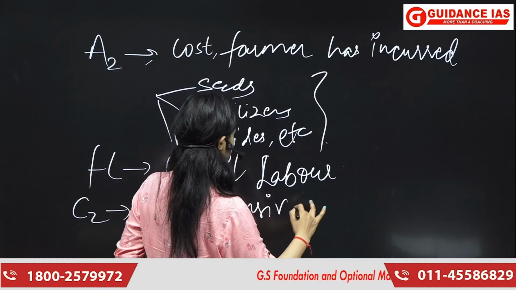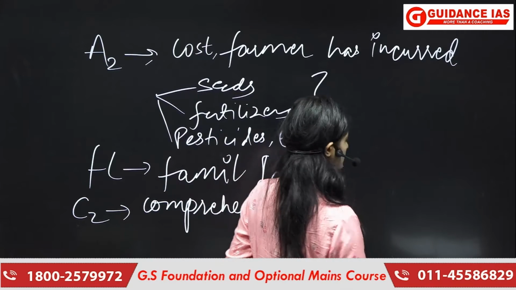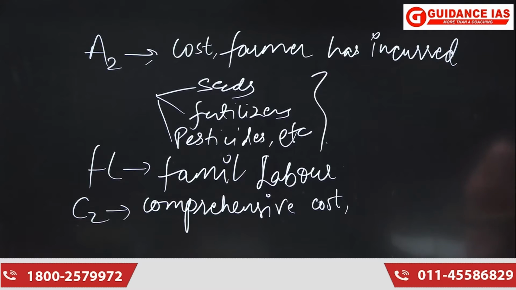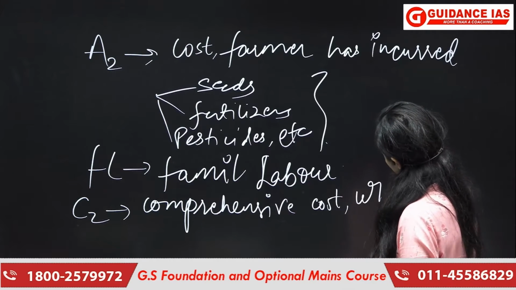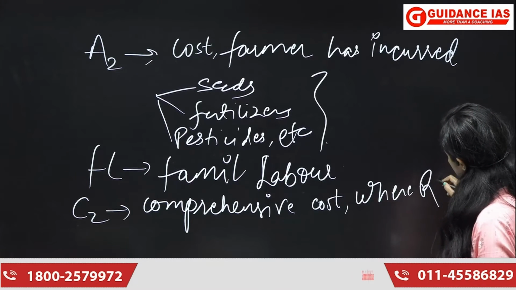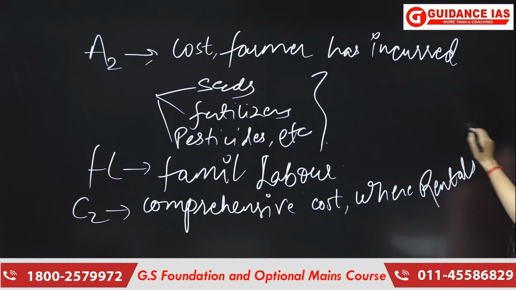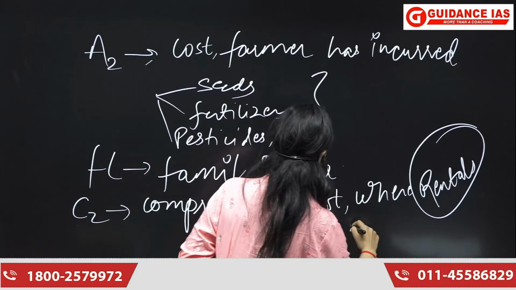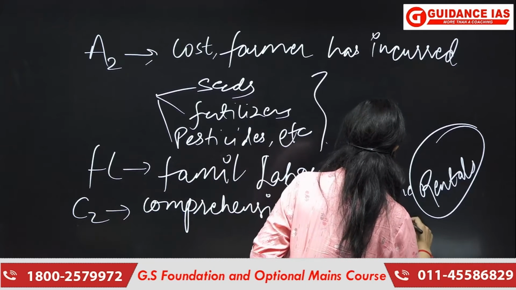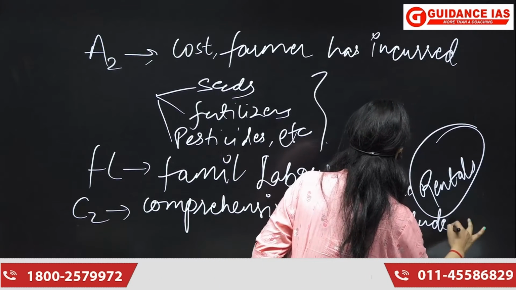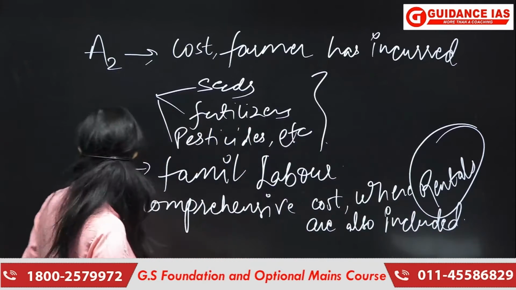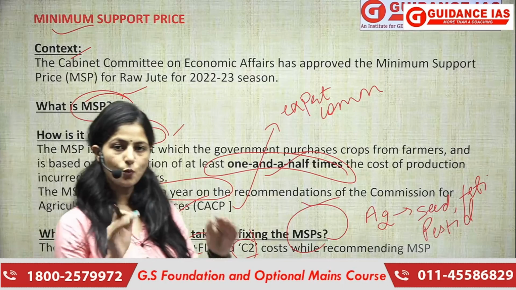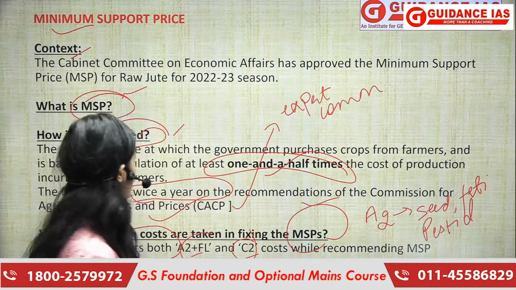C2 एक comprehensive cost होता है, ठीक है, where rentals, remember rentals are also included, right? So this was about these three things which CACP has considered while deciding the rates for MSP.